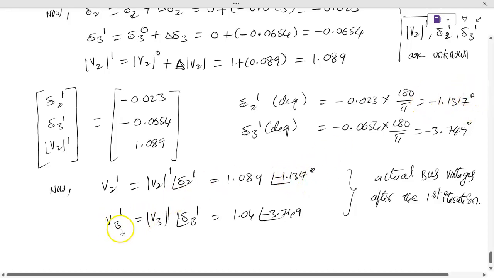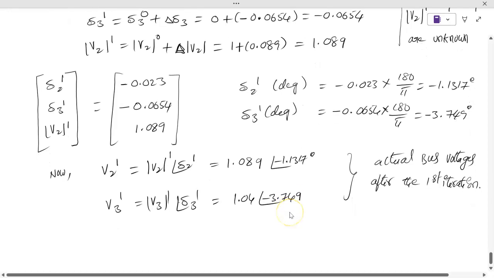And V3^1 magnitude and del. V3^1 magnitude is already given for the PV bus, 1.04, and del 3 is this value. So these are the final values of the actual bus voltages after the first iteration. I hope this is clear to you. Thank you.